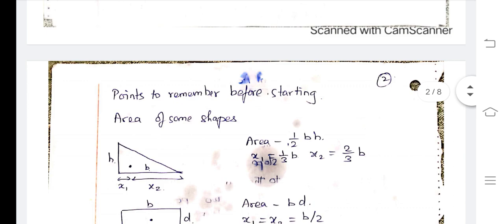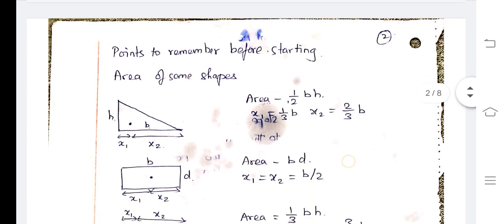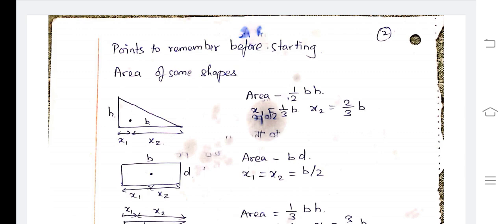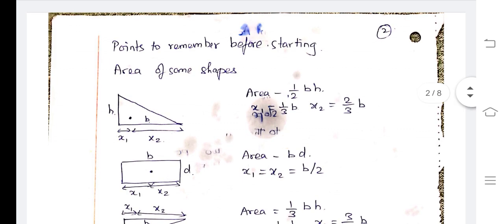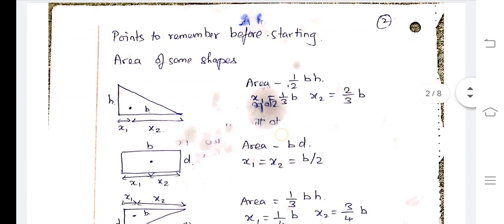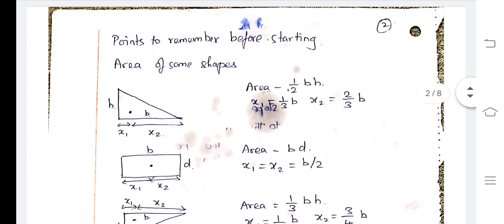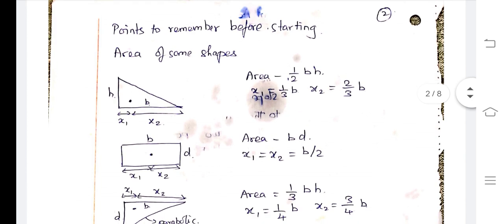So certain points to remember before starting this method. Already you know about some of the shapes, their area and their CG distance. Again we are going to see some basic shapes. Right angle triangle: area is half into base into height. Here this is x1, from the base or from the height.